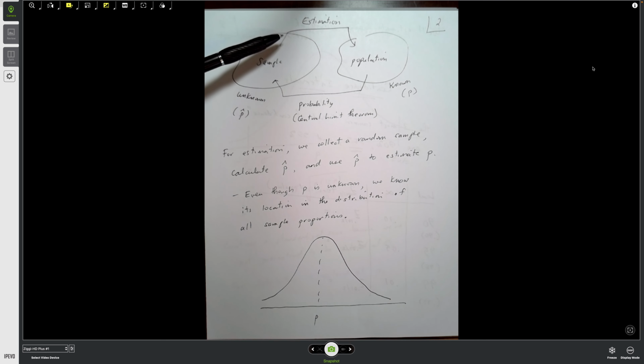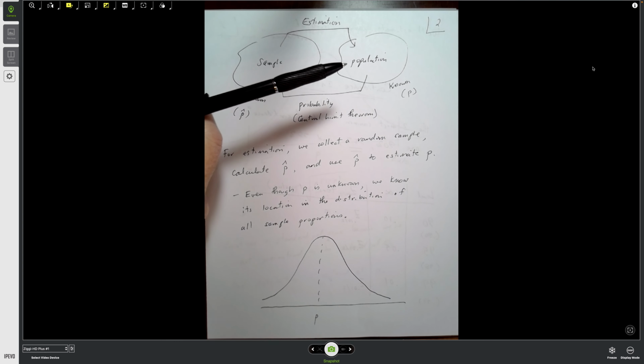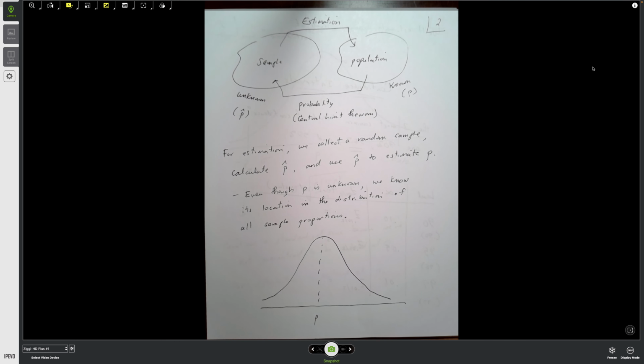We're now transitioning to estimation. So now we're going to have a sample that is known, that we're going to use to estimate an unknown value in our population. So again, just to put into words, for estimation, we collect a random sample, we calculate P hat, and we use P hat to estimate P. Now, even though P is unknown, from the central limit theorem, we know its location in the distribution of all sample proportions.